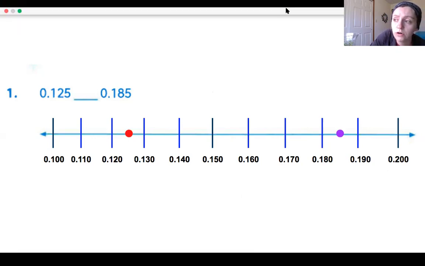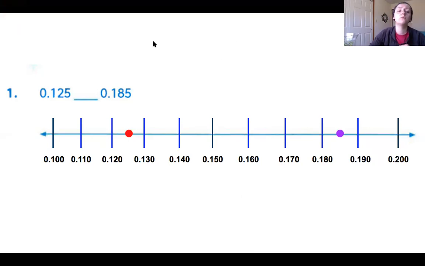Okay, and I'm going to label both of those just to make it a little bit more clear. This one was 0.125, right here. And this one down here was 0.185.